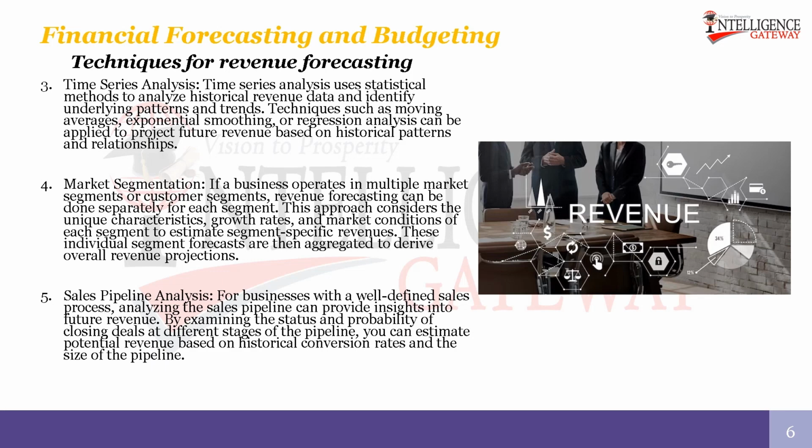Sales pipeline analysis, for businesses with a well-defined sales process. Analyzing the sales pipeline can provide insights into future revenue by examining the status and probability of closing deals at different stages of the pipeline. You can estimate potential revenue based on historical conversion rates and the size of the pipeline.